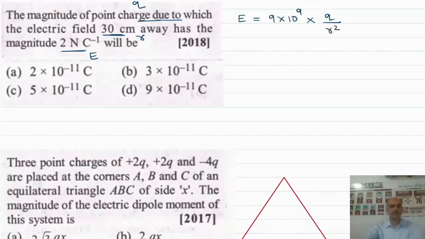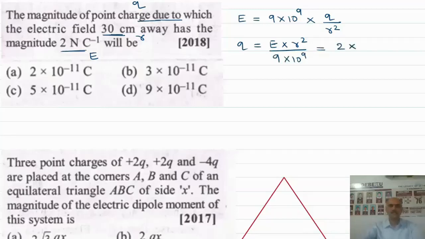I am required to find charge Q. So Q is equal to, cross multiplying, E into R square divided by 9 into 10 raised to 9. So E is 2, electric field is 2 Newton per coulomb.